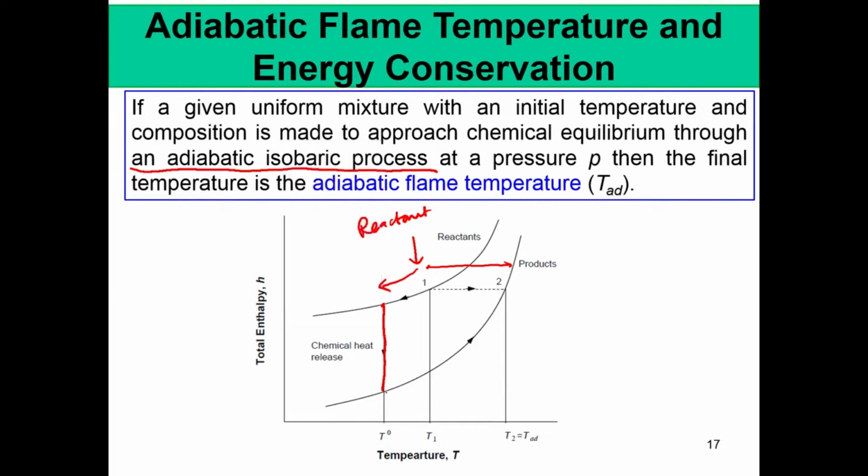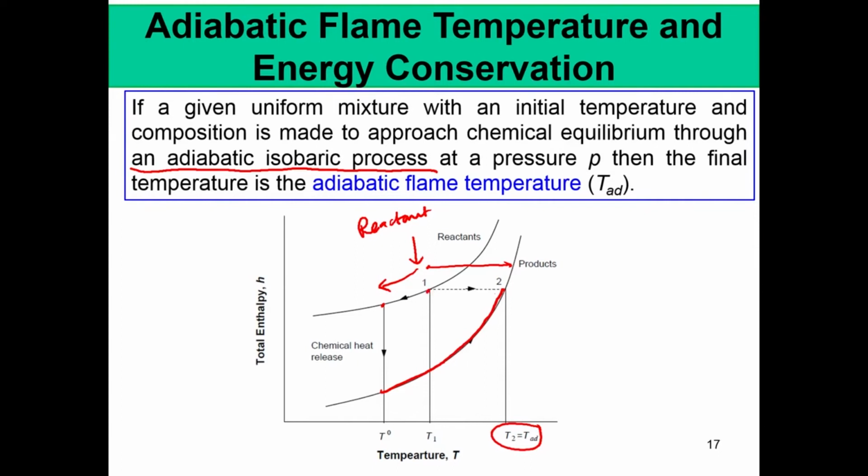Okay. So, as the energy is released, the reactant's enthalpy goes down, but then that chemical energy that has been released is essentially taken up by the products, and then they become hot because they have now absorbed all the enthalpy released by the reactants, and the sensible enthalpy of the products has increased, and hence this T2, equal to Tad, is greater than T1.